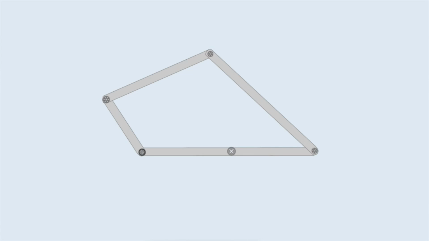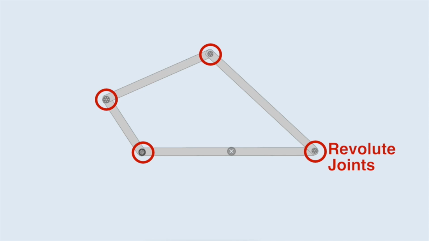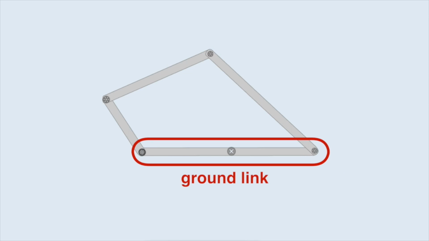Very commonly, though, you'll encounter what's known as a 4-bar linkage. As the name suggests, these linkages are composed of 4 separate links. Perhaps the most common configuration of a 4-bar would be a linkage with 4 revolute joints, as shown here. Typically, one link will be fixed in place and is referred to as the ground link.